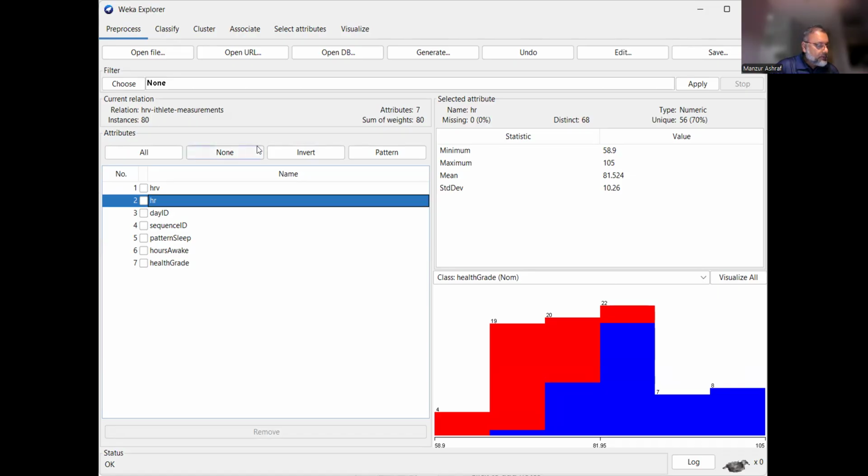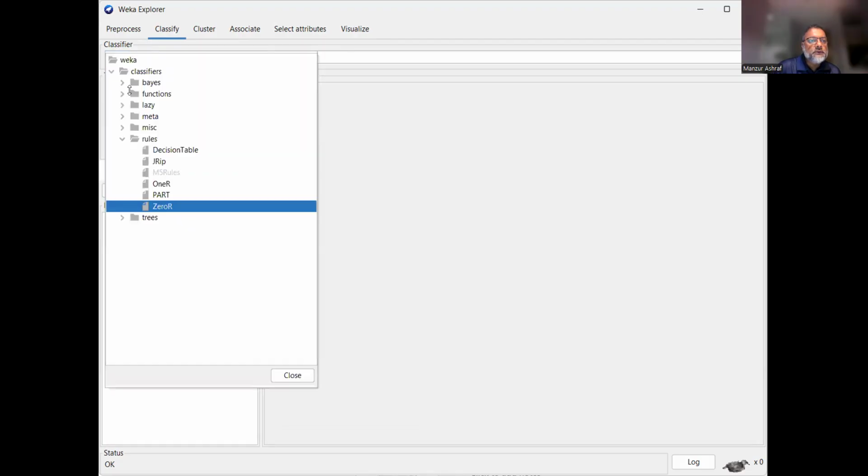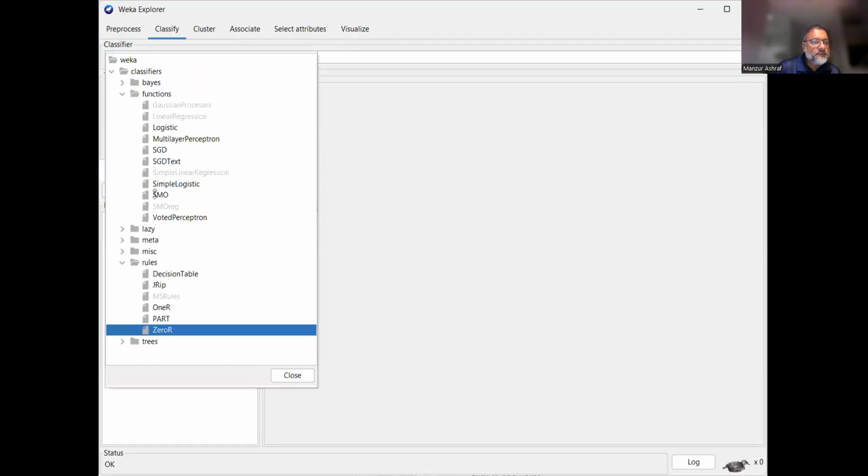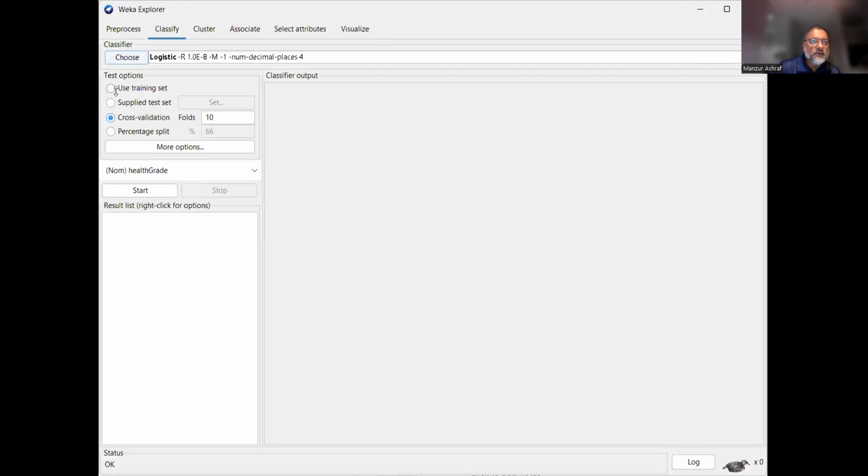So the first thing is that I can go to the classify, I can go to choose and then functions, then logistic, and then I can use the training set.